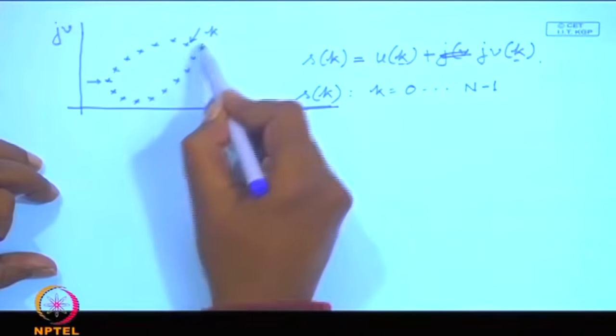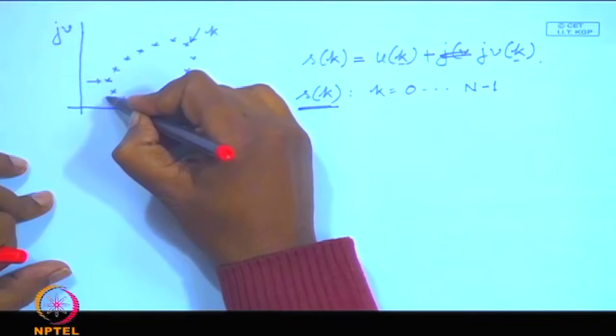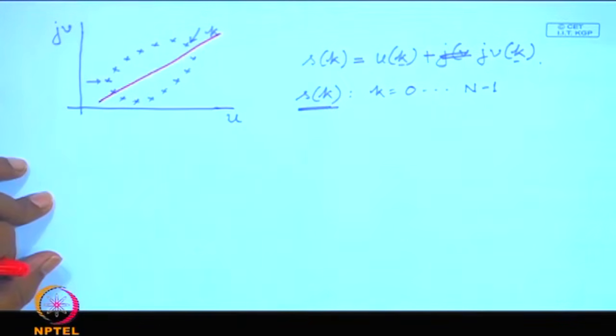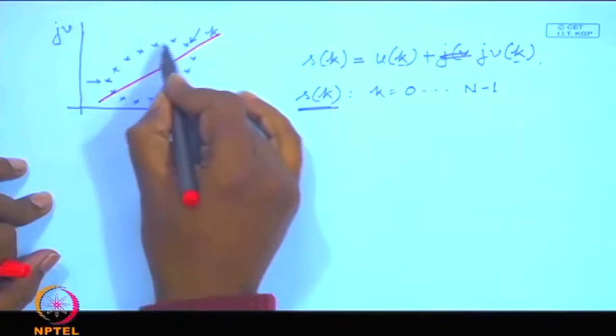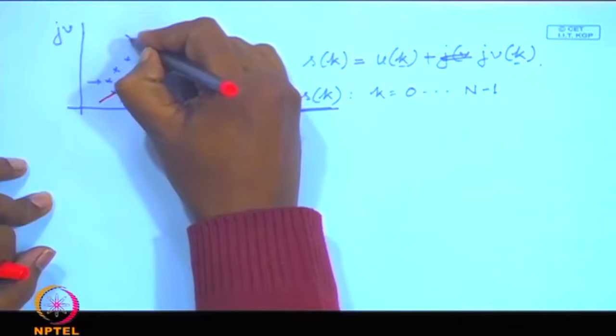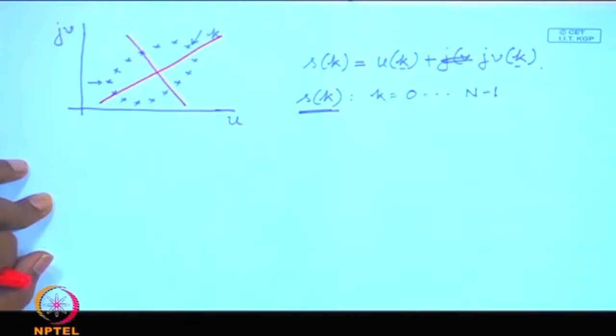One of the ways can be that when I have such a boundary, I may like to find out the moment of this shape around, say, the principal axis. I find out the moment of this shape around this axis, and I find out the moment of this shape around another axis which is orthogonal to the principal axis.